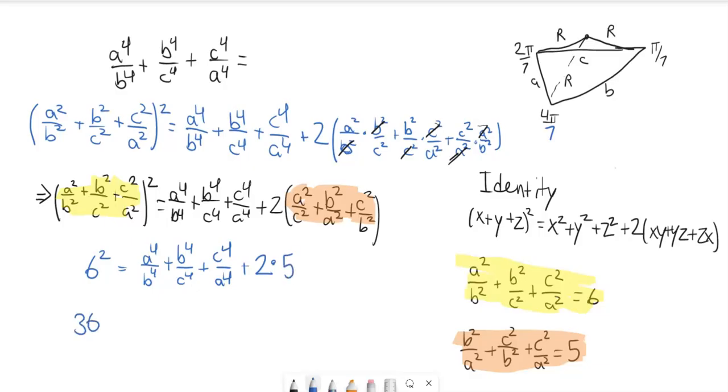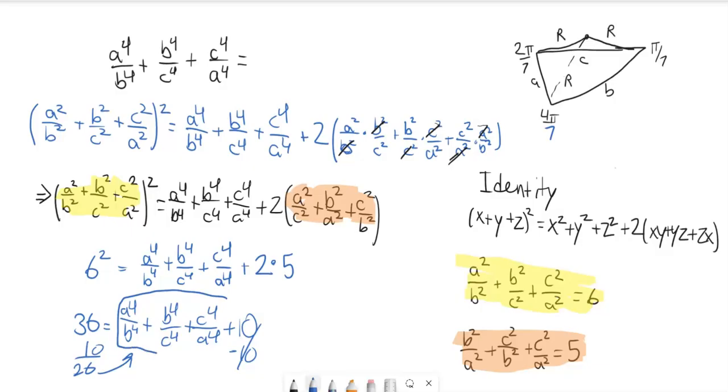Let's simplify this. 6 squared is 36, plus a to the fourth over b to the fourth plus b to the fourth over c to the fourth plus c to the fourth over a to the fourth, plus 2 times 5, which is 10. Subtract 10 from both sides, and we get the answer of 26. So the sum of those fourth power ratios will equal 26.